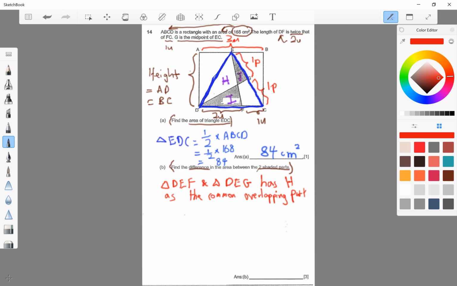Alright, so you'll be wondering, how can I find the area of triangle DEF?